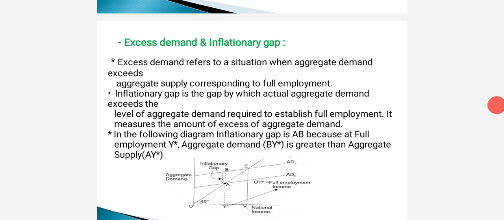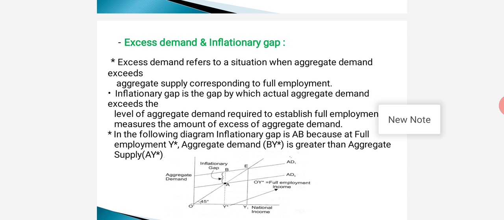Excess demand refers to a situation when aggregate demand exceeds aggregate supply, corresponding to full employment. Children, we are reading the theory of J.M. Keynes. Remember it. On the other hand, inflationary gap is the gap by which actual aggregate demand exceeds the level of aggregate demand required to establish full employment.